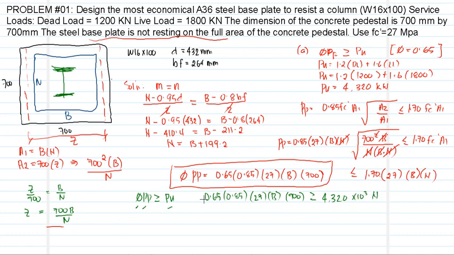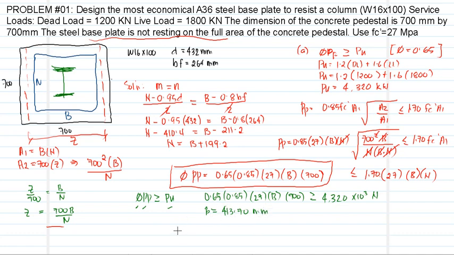Okay, so we now have an equation, we can solve for the value of B. So, what will be our dimension of B? Our dimension of B is equal to 413.70 mm. So, that will be our dimension of B.